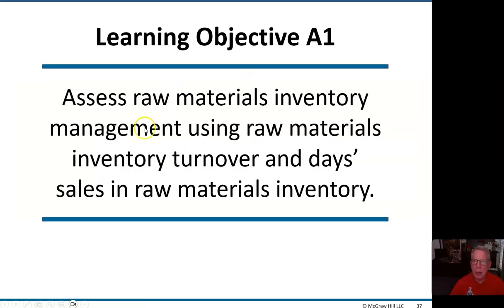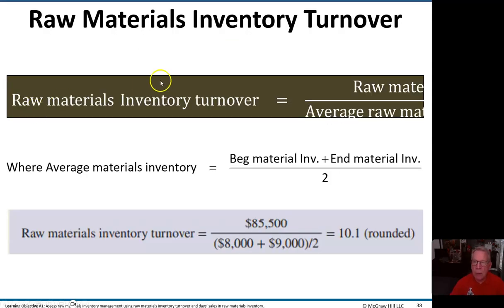All right. In this learning objective, we're going to look at assessing raw materials inventory management, using raw materials inventory turnover and days sales in raw materials inventory. So here is our raw materials inventory, and we take our raw materials inventory beginning and add our ending raw materials inventory and divide that little beauty by 2.